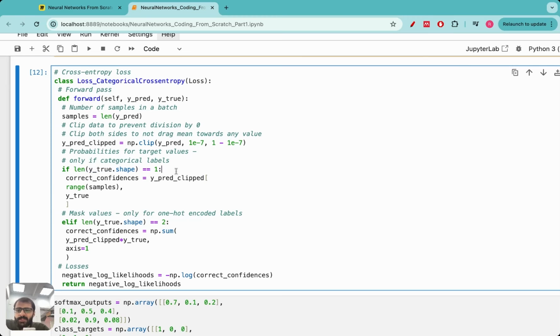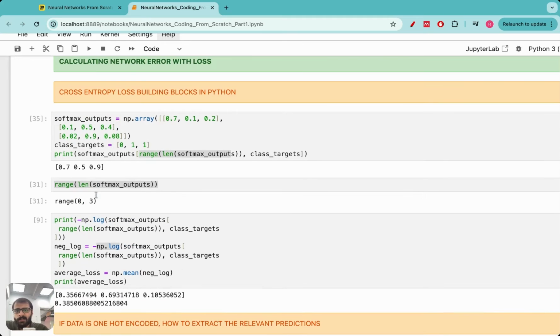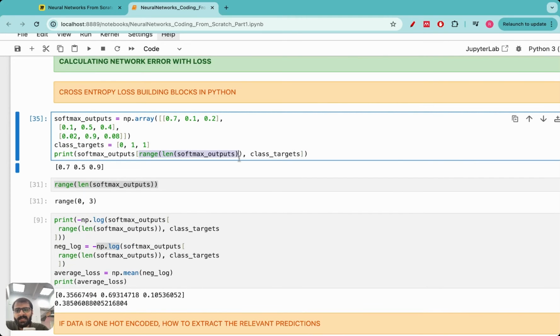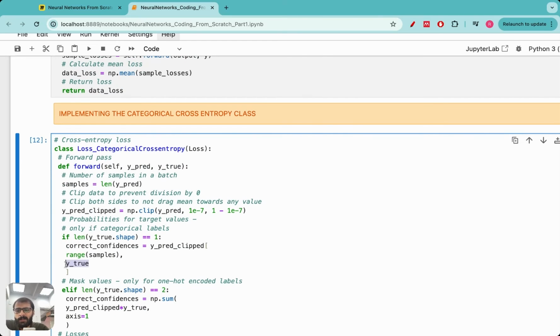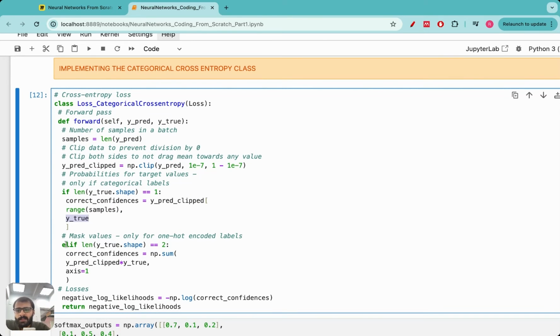If it's one dimensional and the class targets are just numbers, we use this clever indexing, where we take the predicted and use the range of samples as the first argument. Remember, this is exactly what I mentioned here. And the second value would be the true. So then it will only keep those values in the prediction which are actually needed.